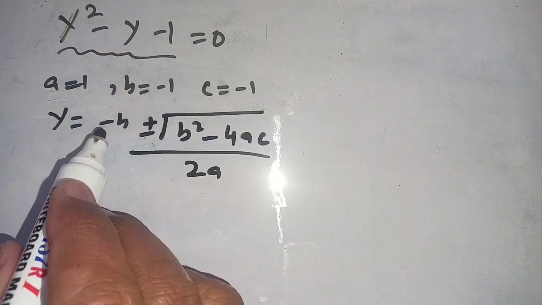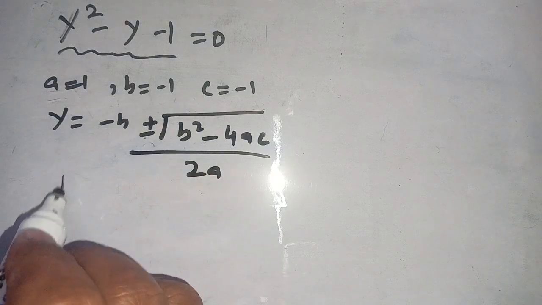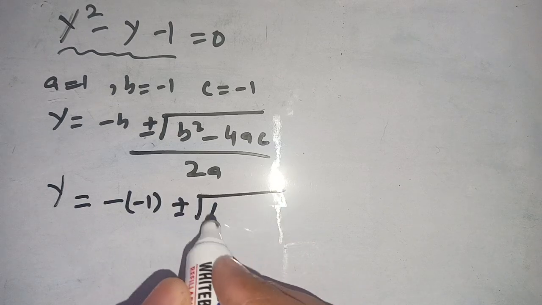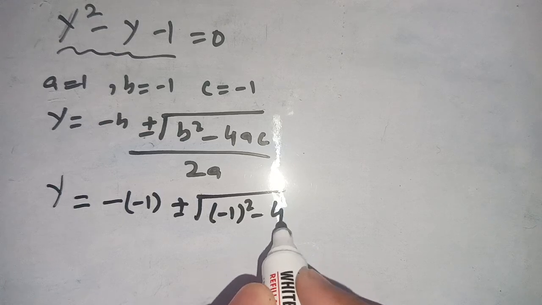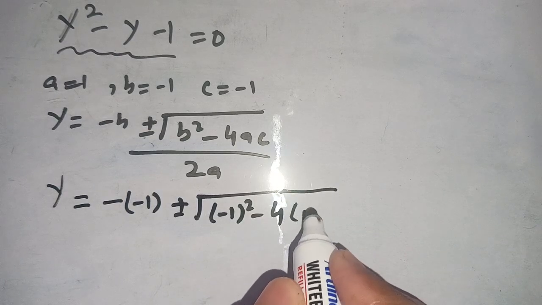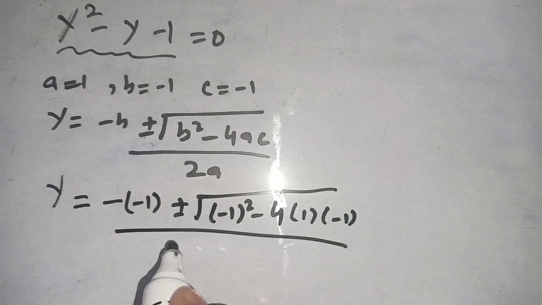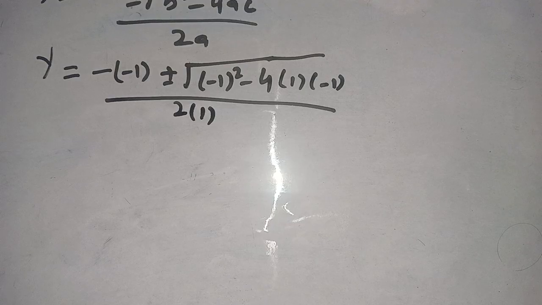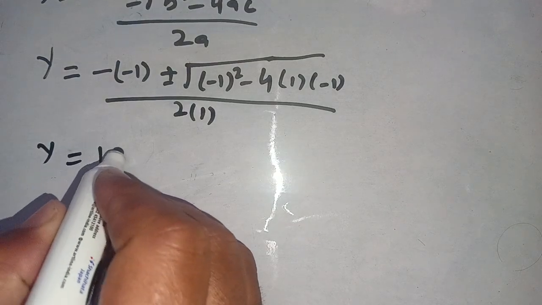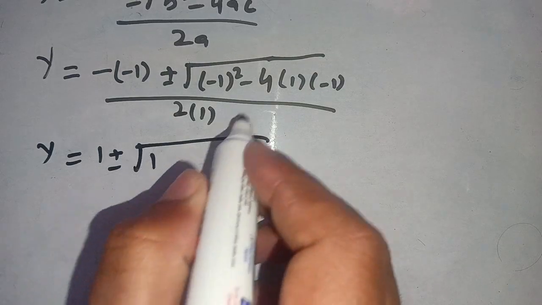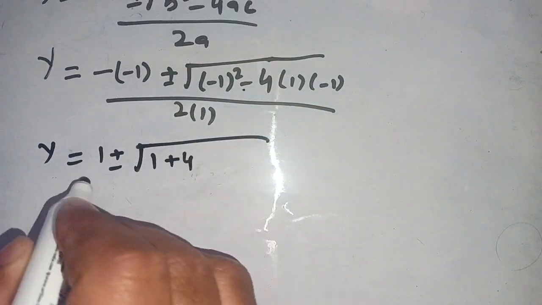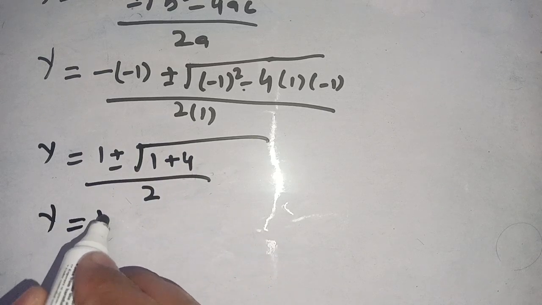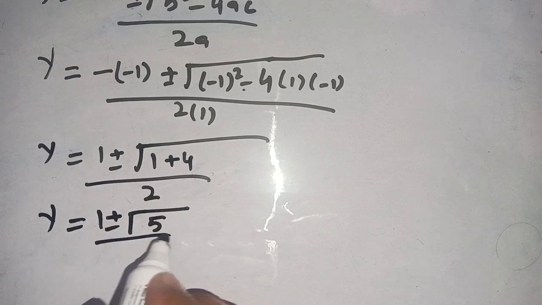On substituting the values of a, b and c, we get y = (1 ± √((-1)^2 - 4(1)(-1))) / (2 × 1). It gives y = (1 ± √(1 + 4)) / 2, so y = (1 ± √5) / 2.